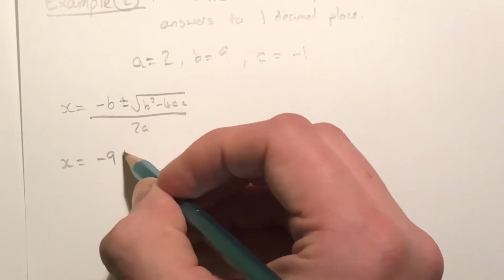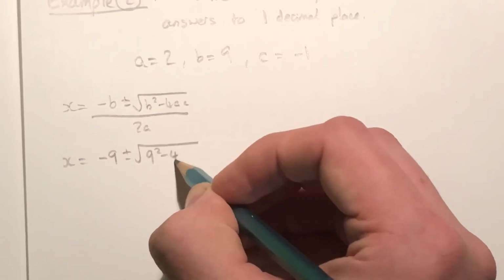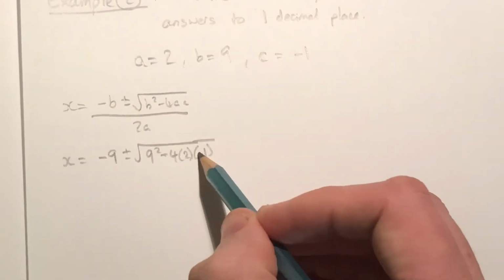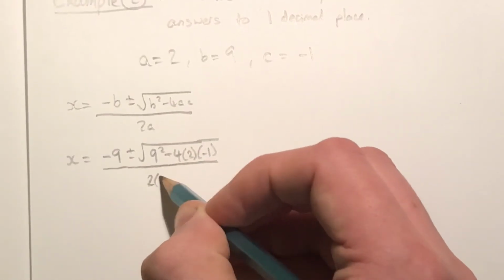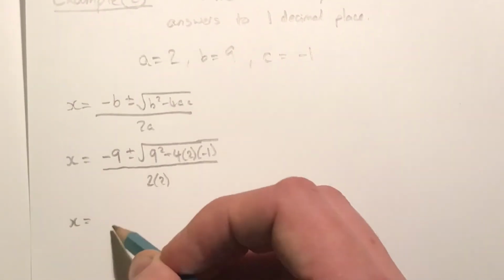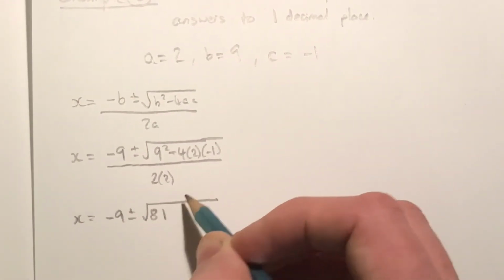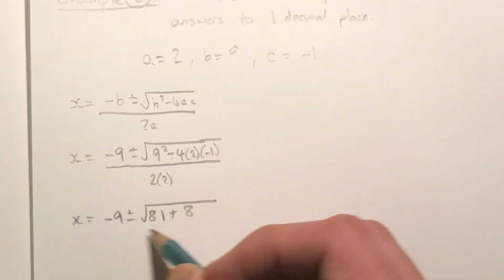We've got minus 9 plus or minus square root of 9 squared minus 4 times 2 times negative 1. Notice we've got a minus times minus in here, so that's going to end up with a positive on the next line down. We've got 2 times 2 on the bottom there. So we've got minus 9 plus or minus the square root of 81. Minus times minus is plus. 4 times 2 times 1 is 8.